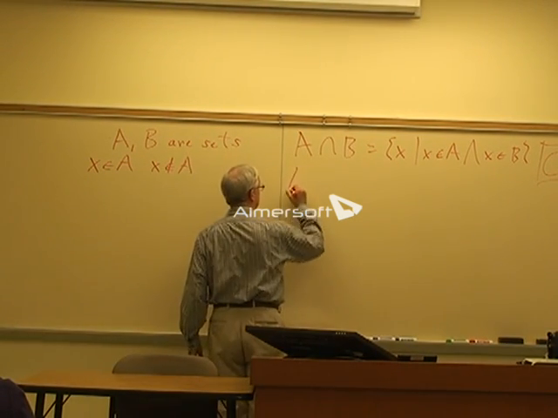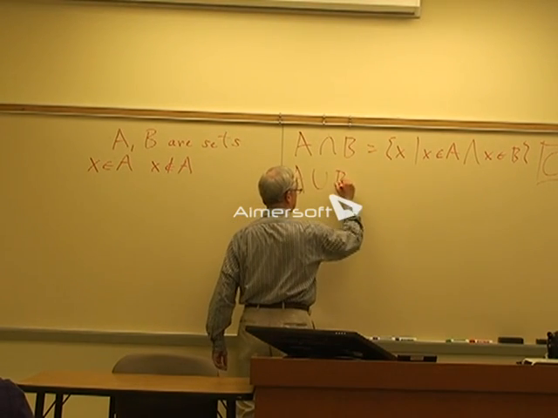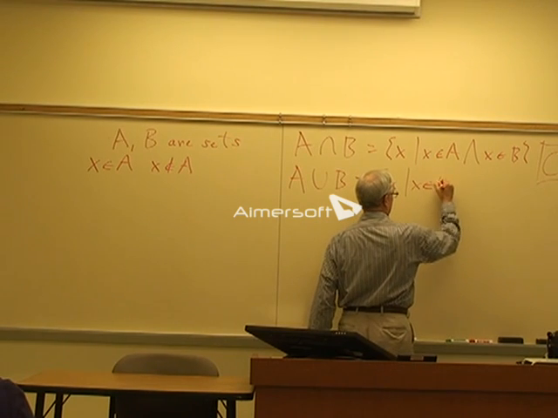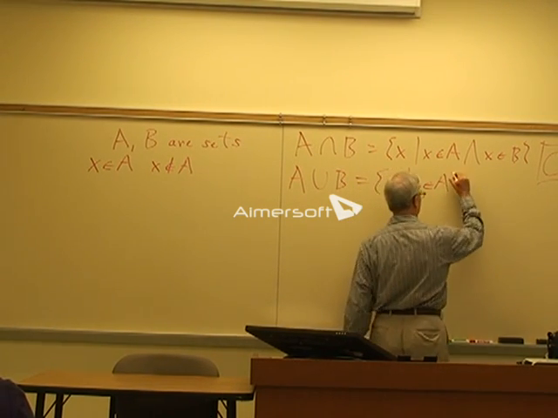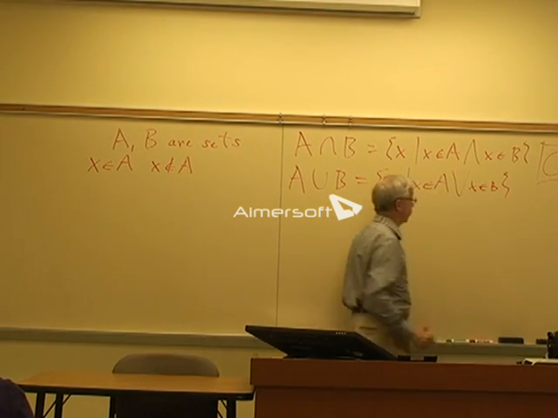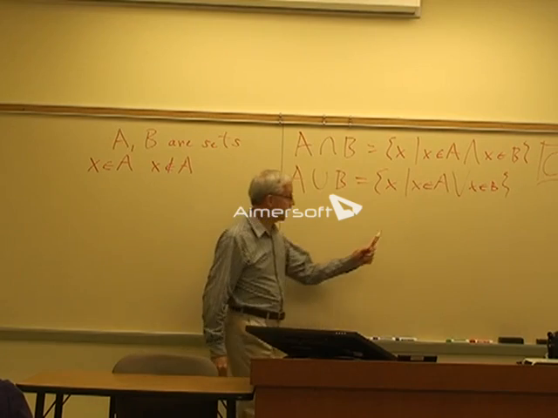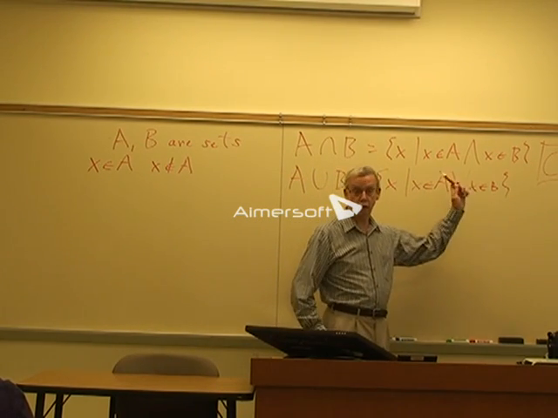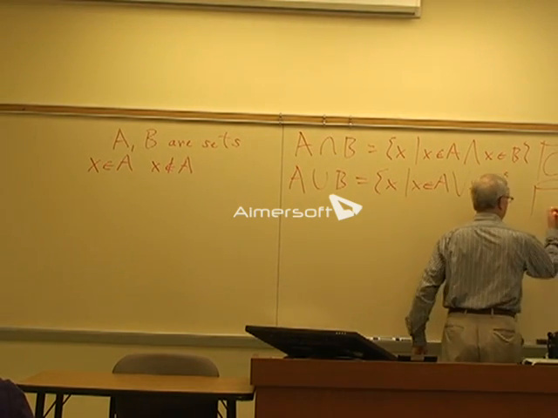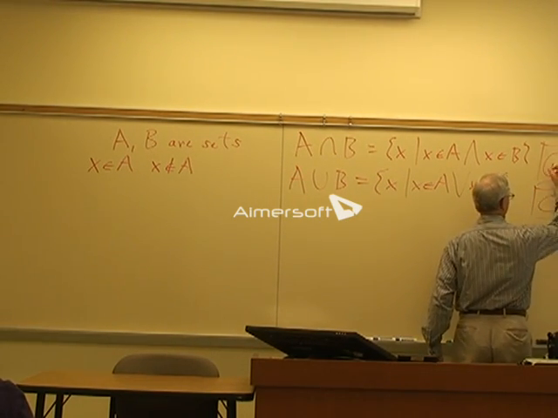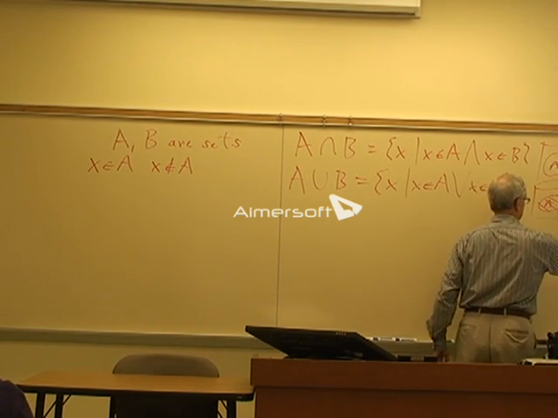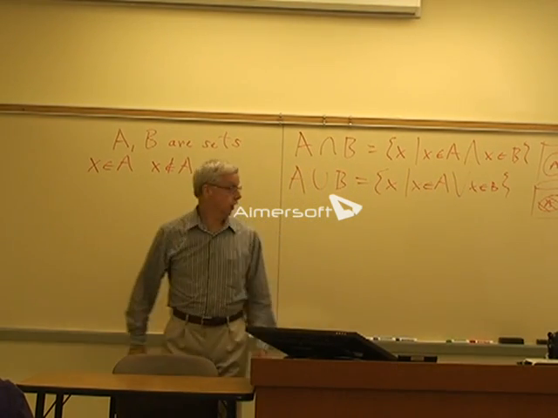And A union B is a set of all X such that it's either in A or in B. And when we use this mathematical logical or, we mean in A or in B or in both. It's called the inclusive or, we always include. So in this case, if this is A and this is B, we want it all. Right? A, B, and the overlap is the or.